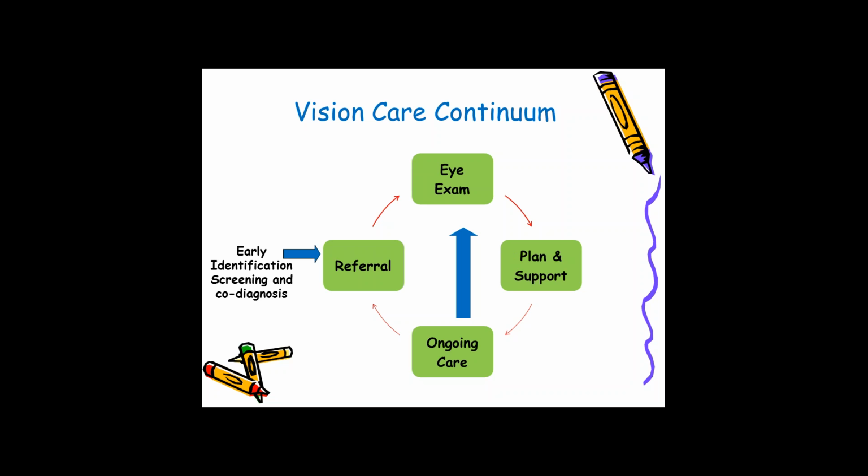For example, the eye doctor must communicate with the school nurses, who then would communicate with the educational professionals. This may consist of the teachers, the speech therapists, the OTs, the PTs, so the school community can support the child in properly wearing their eyeglasses. This is an integral piece in ensuring compliance, which brings us to ongoing care and then back into the continuum. And I'm going to come back to this in just a few minutes.